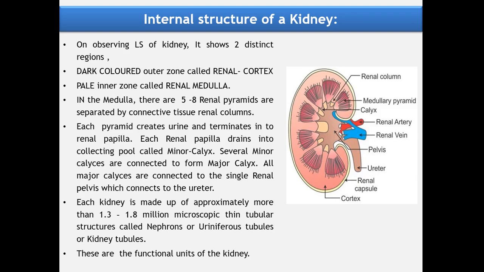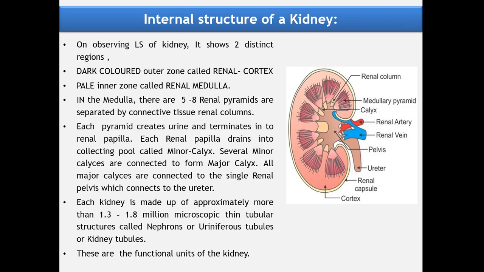Papillae is plural, papilla singular. Each renal papilla drains into a collecting pool called the minor calyx. Several minor calyces are connected to form 2 or 3 major calyces, and these major calyces are connected to the single renal pelvis, which is connected to the ureter.